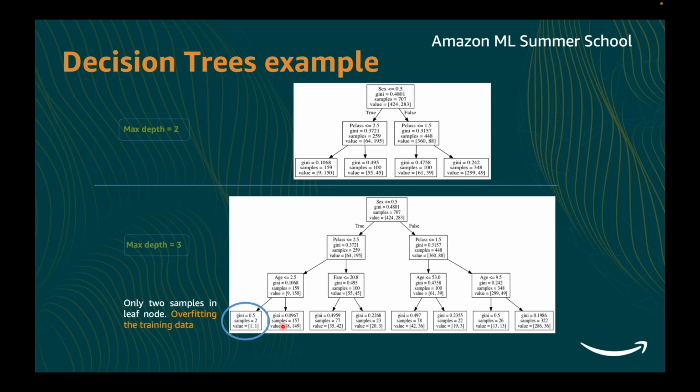Basically, the deeper the tree is, the higher the chance that you have overfitting. That is because the regions, as they become smaller and smaller, have fewer and fewer data points in them, and so it becomes very noisy. It becomes very high variance. If you have, for example, only 2 samples in this node which are being used to determine whether it is a positive or negative class, that's not enough.